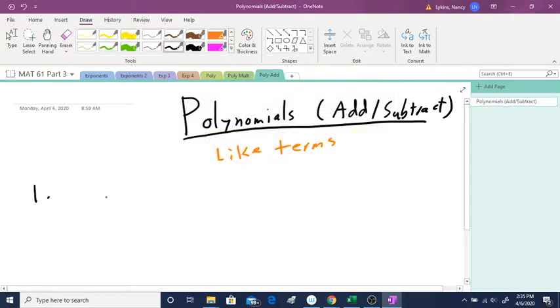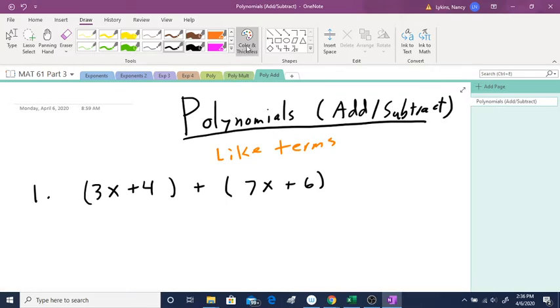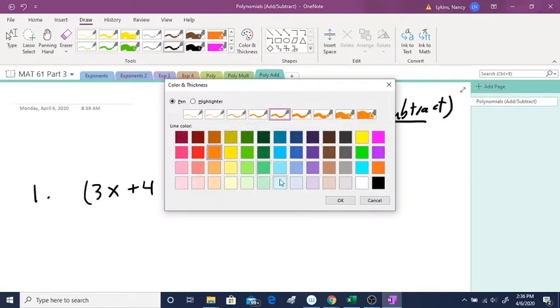So let's think about this. Let's say you had (3x + 4) plus, say, (7x + 6). Now, with the addition symbol, there's two ways I'm going to explain this.